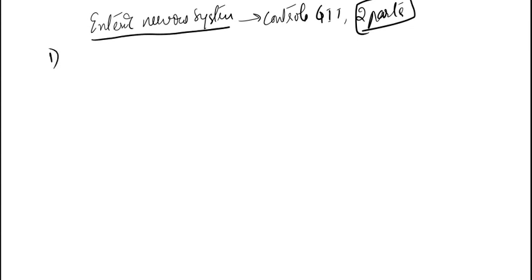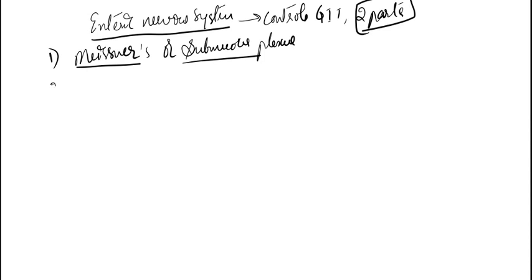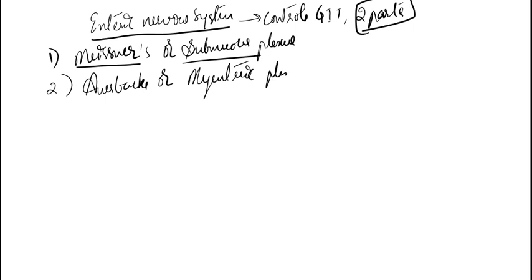The first one is Meissner's plexus, also called the submucous plexus. And the second one is Auerbach's or myenteric plexus.